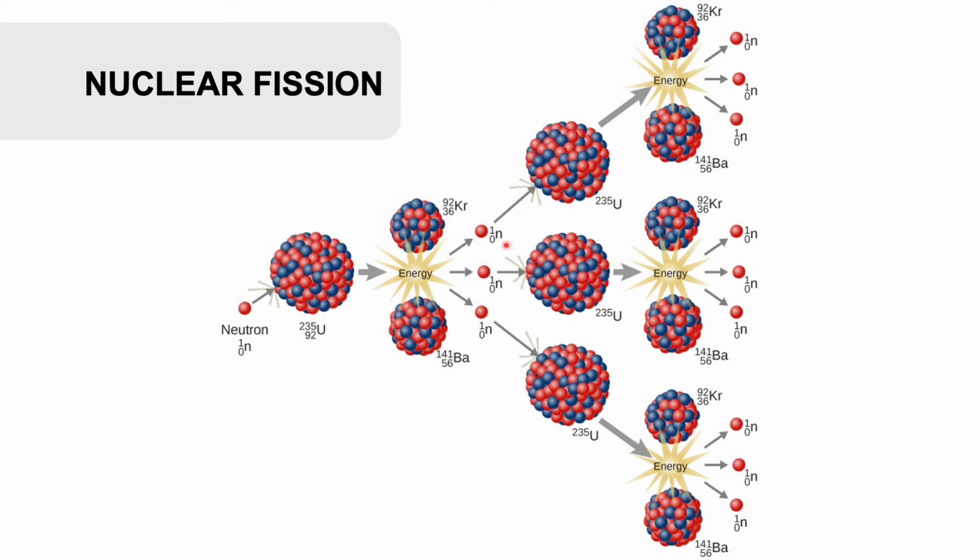The 3 neutrons released will then further bombard other heavy nucleus and produce the same thing as before. This process will happen continuously over and over again, creating a chain reaction.